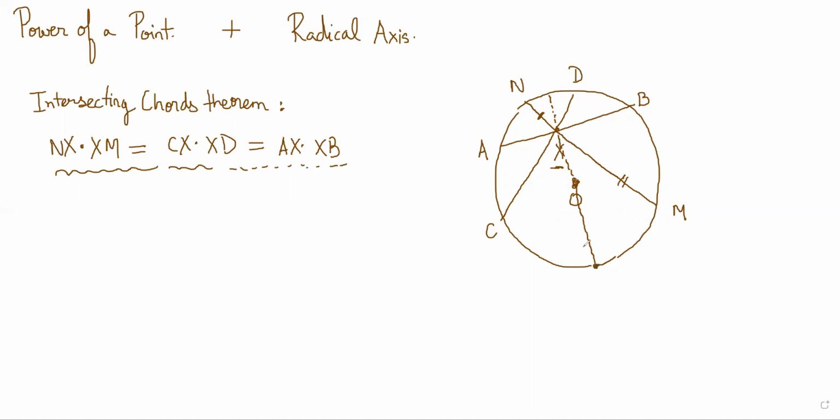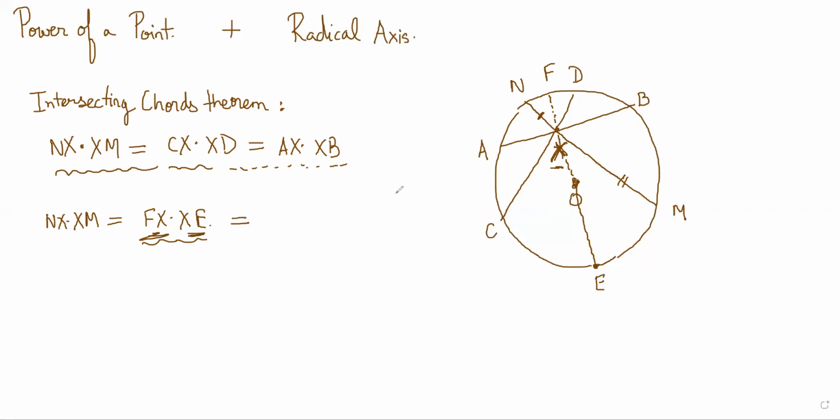Let the end points of this diameter be E and F. Then, since this is another chord, NX into XM should be equal to FX into XE. A diameter is also a chord. This is a chord passing through X, so FX into XE should also be the same.